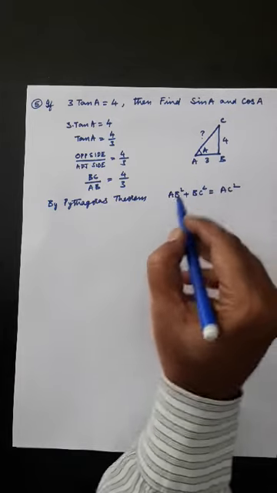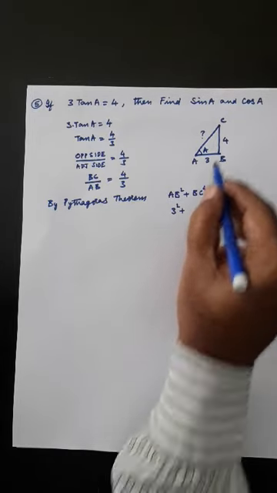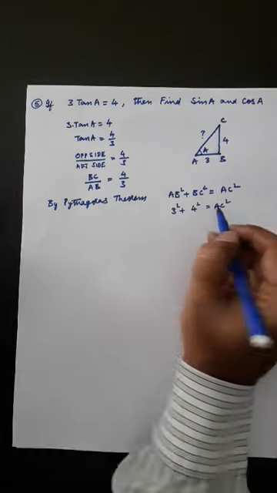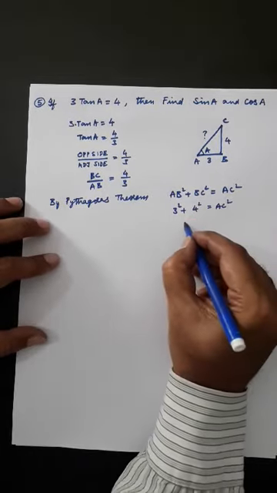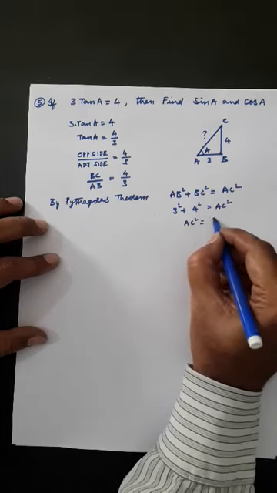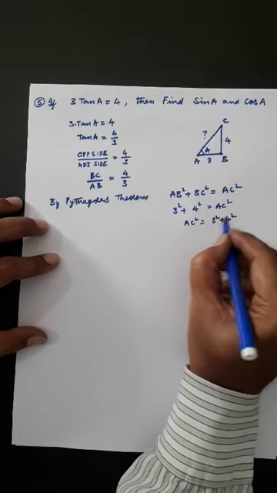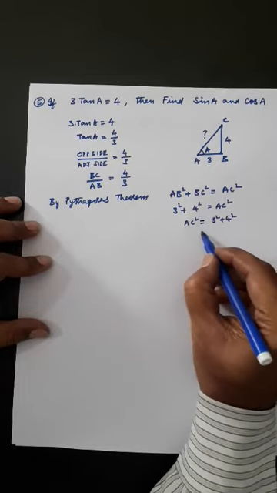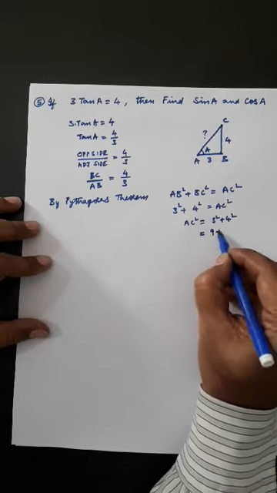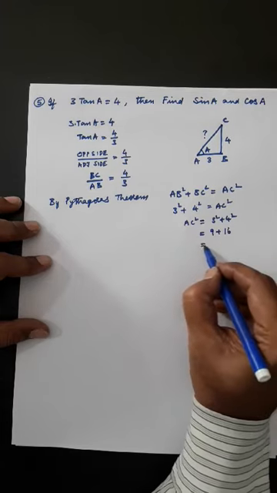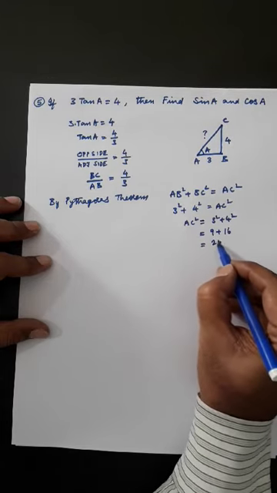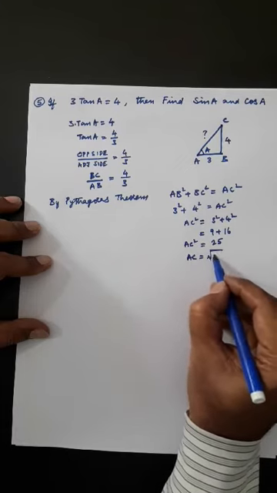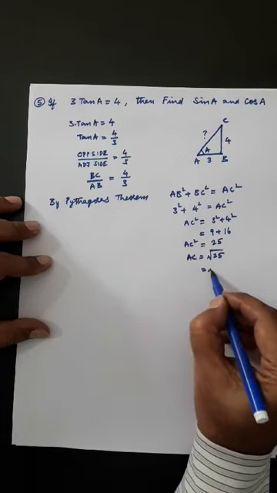AB square is 3 square plus BC square is 4 square equal to AC, we need to find out. So I'll interchange it. So AC square is equal to 3 square plus 4 square. I'm just writing LHS RHS in the reverse manner. So 3 square is 9 plus 4 square is 16. So 9 plus 16 is 25. So AC square is 25. AC equal to root of 25, which is 5.